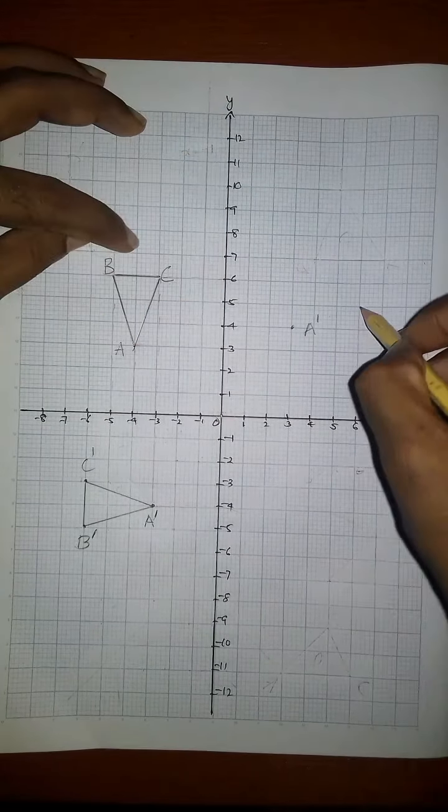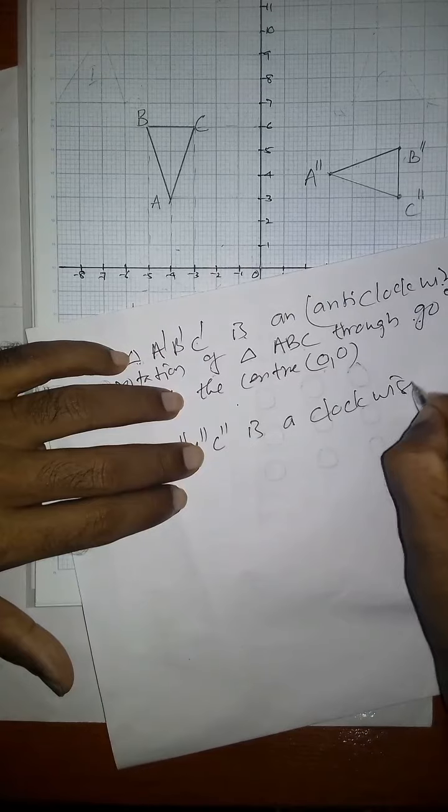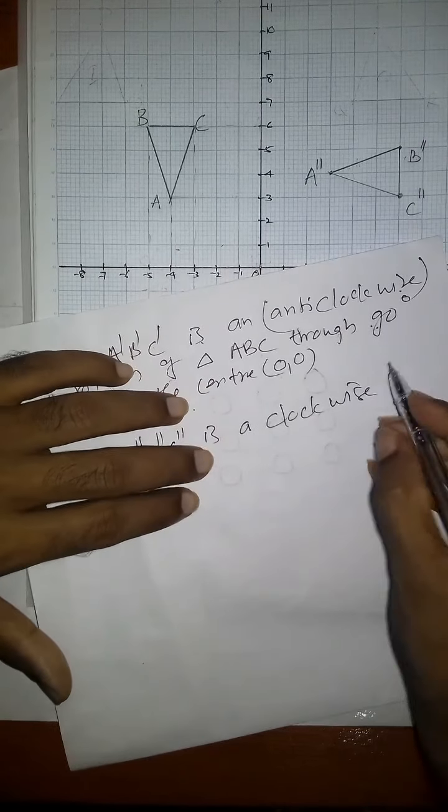Then its full description will be: we start as usual with the image. Triangle A double dash, B double dash, C double dash is a clockwise rotation. In this instance, mentioning the direction is a must.